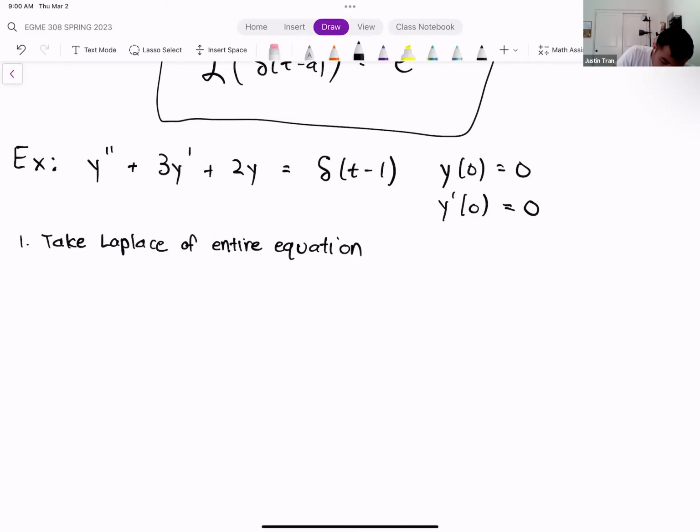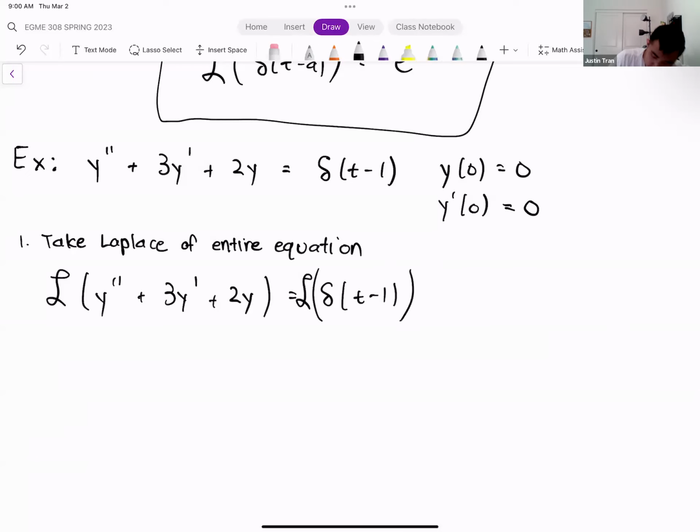Okay, so we take the Laplace transform of y double prime plus 3y prime plus 2y is equal to the Laplace of the delta t minus 1. Okay.